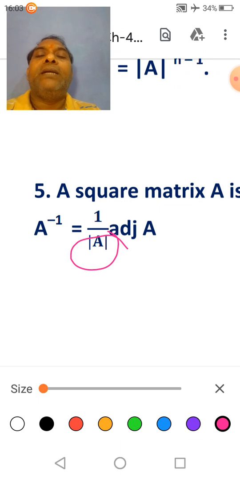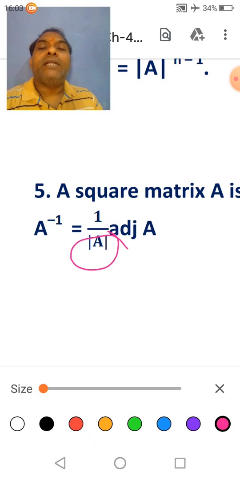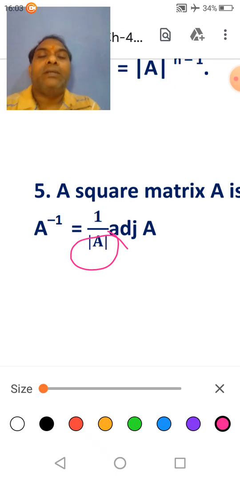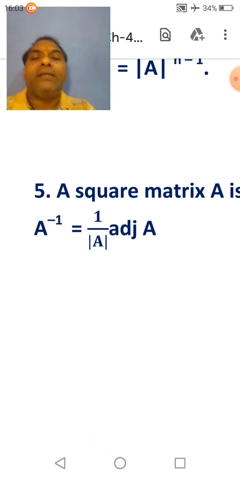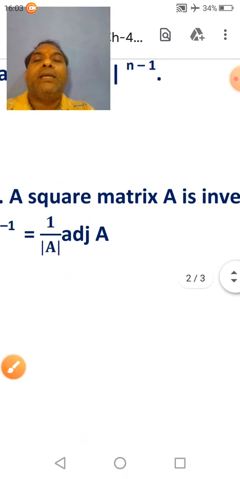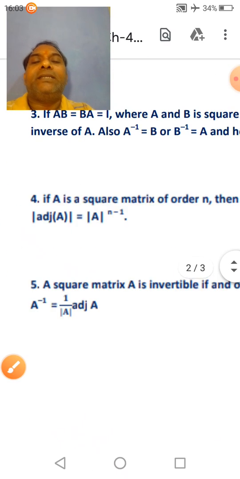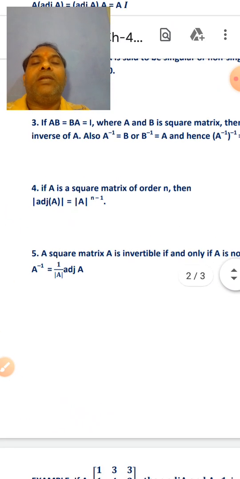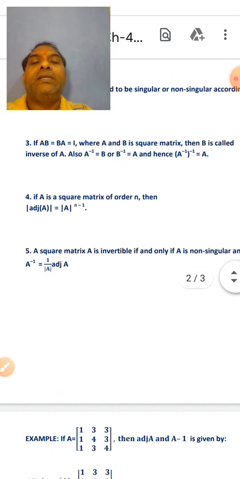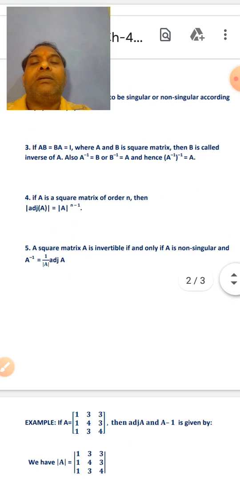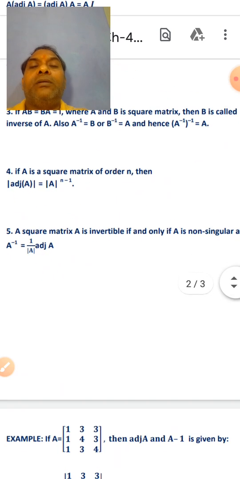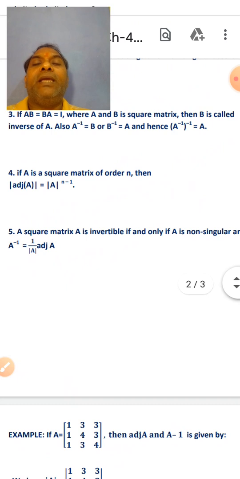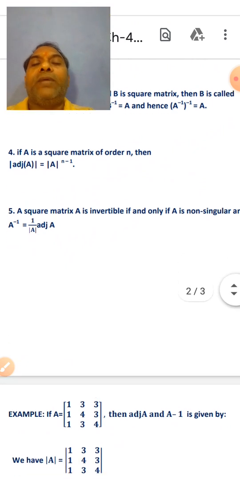And when determinant of A is not equal to 0, then you can find A inverse. So it is clear that a square matrix A is invertible if and only if A is a non-singular matrix.